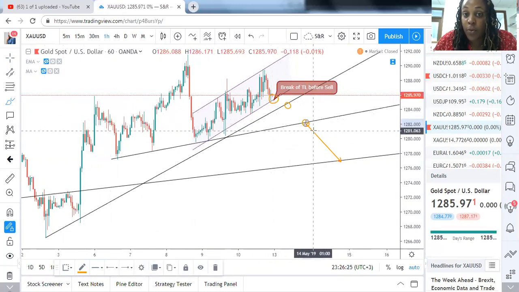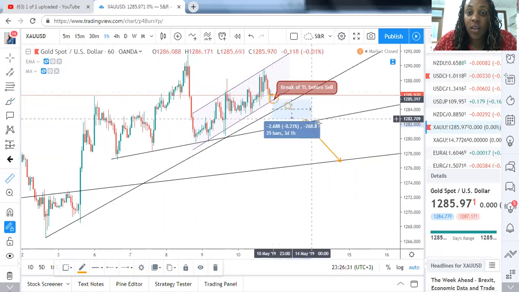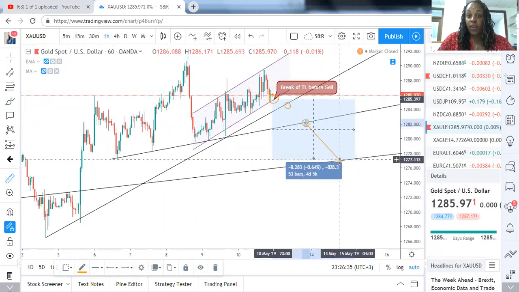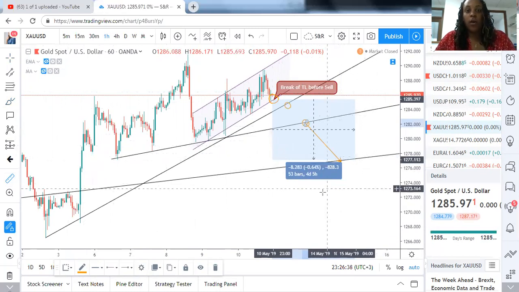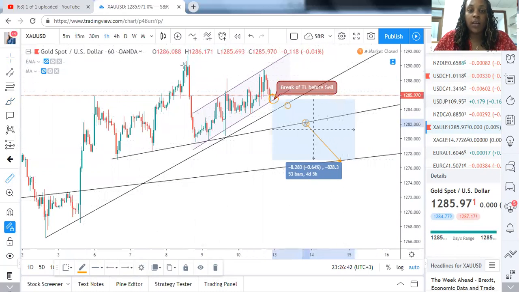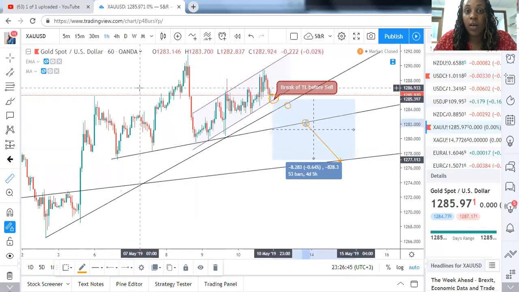So these can be three positions that you can hold if you wanted to swing this opportunity and actually take it all the way down to this trend line. So that's the scenario there that we have with gold. Looks really good. As I said, looks like a reversal pattern to me.